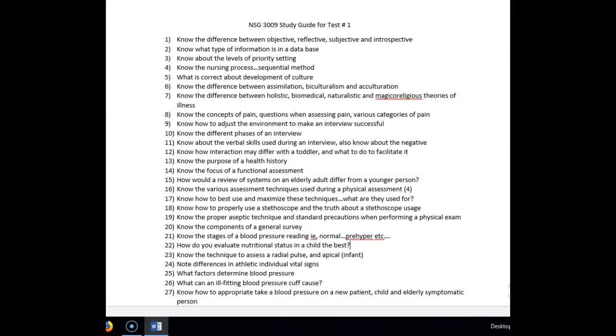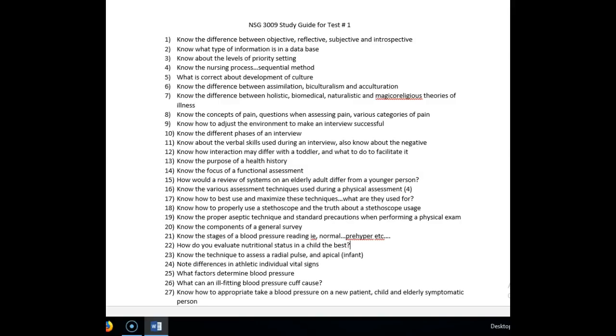I'm going on to the next question because it just kind of came up. When you're looking at the nutritional status of a person, especially a child, how would you best evaluate whether or not a person is getting adequate nutrition?